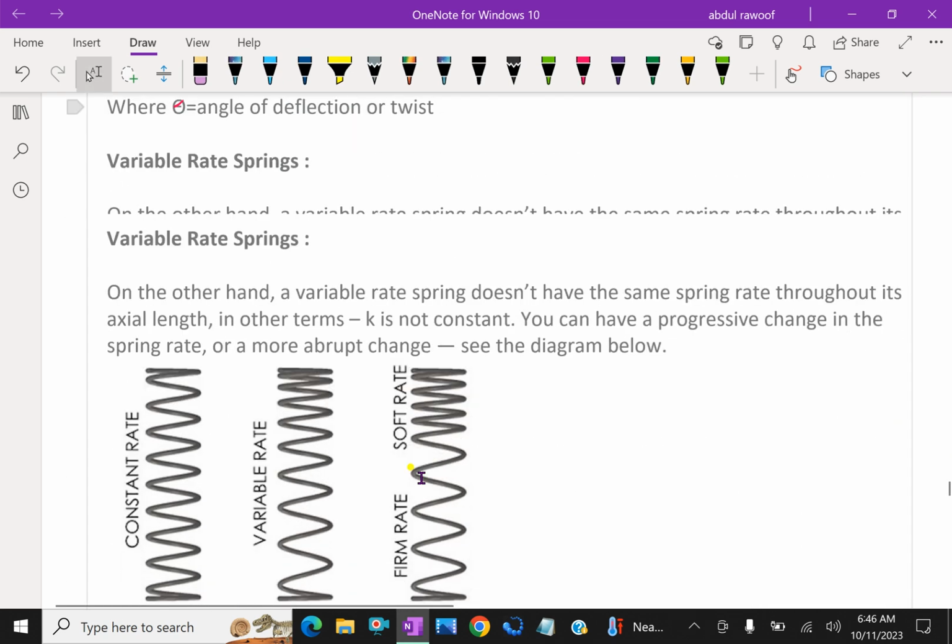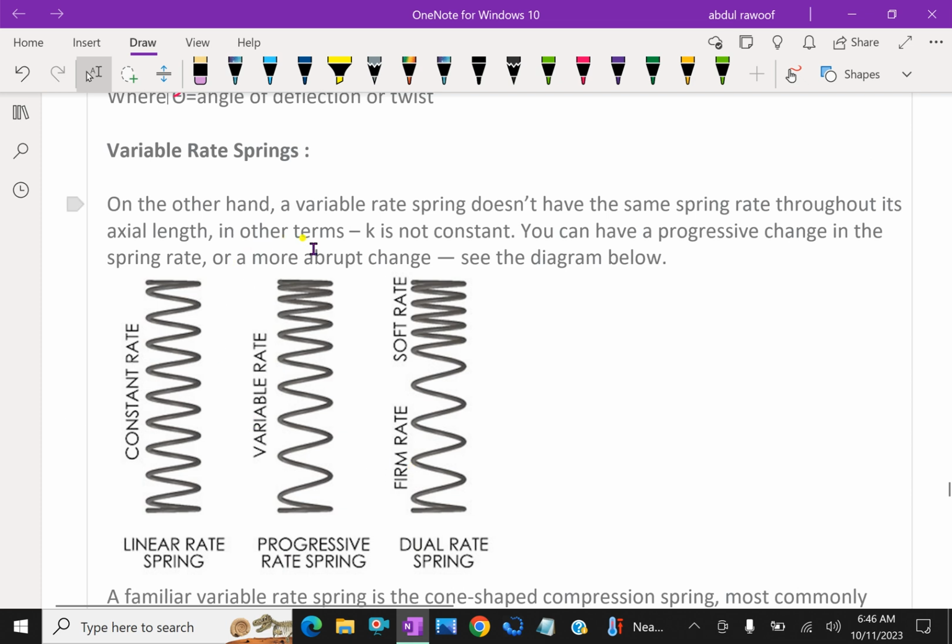Variable rate springs. On the other hand, variable rate springs do not have the same spring rate throughout their axial length. In other words, k is not constant. You can have a progressive change in the spring rate or more abrupt changes. See the diagram. Here is a constant rate, this is a variable rate.